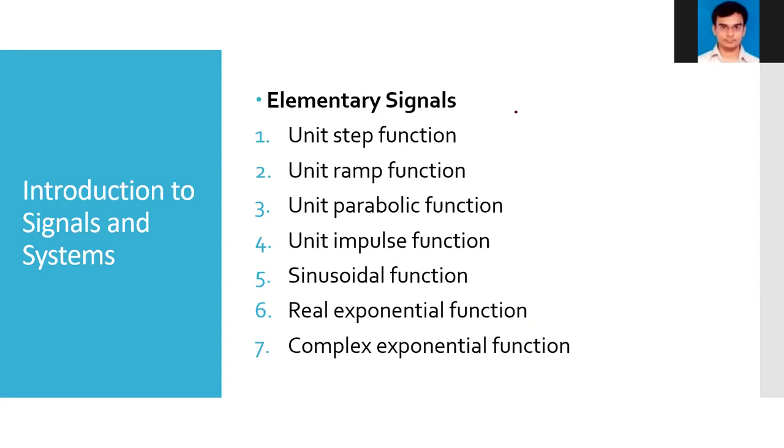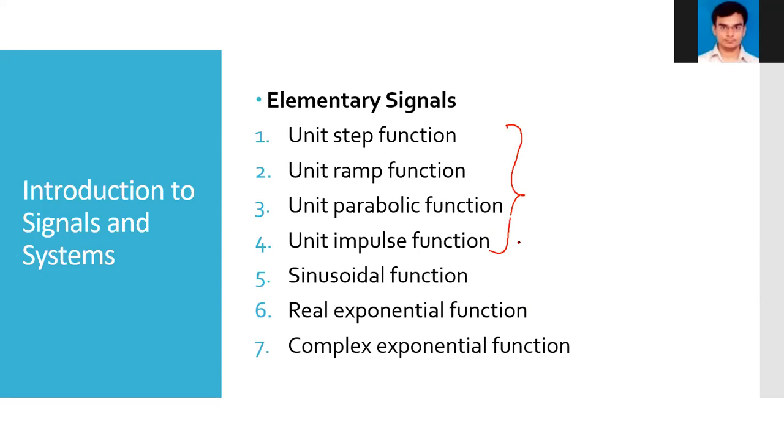Now let us go through these four elementary signals, and that is question number 1 of your tutorial 1. First is the unit step function. Second is the unit ramp function. Third is the unit parabolic function.